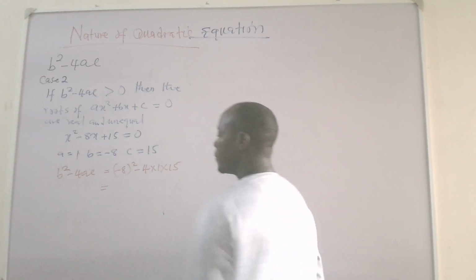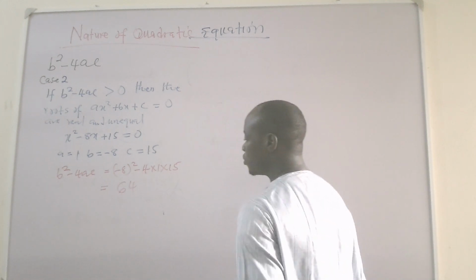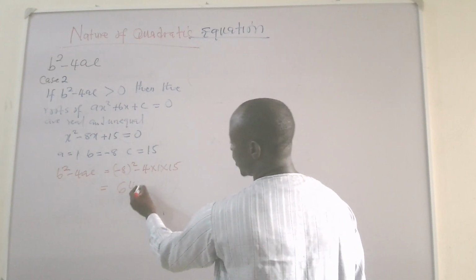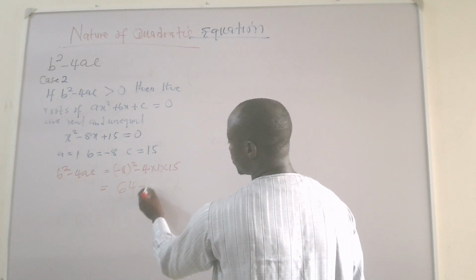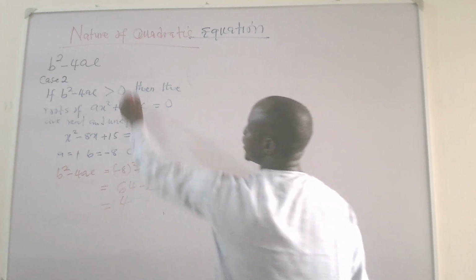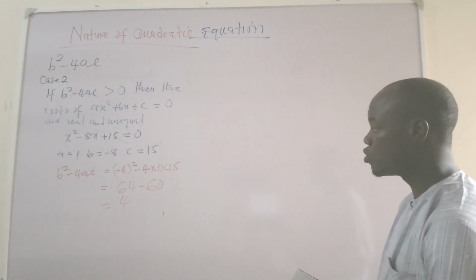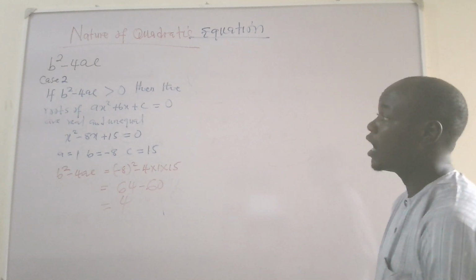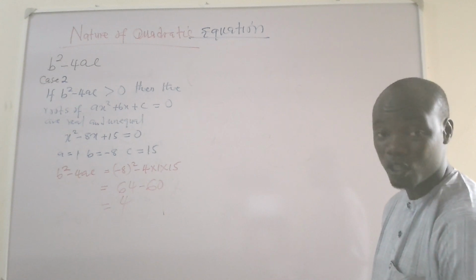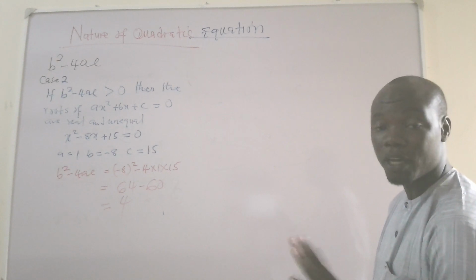Minus 8 squared is 64, and 4 times 1 times 15 is 60. So 64 minus 60 is 4. So 4 is greater than 0. So since 4 is greater than 0, our roots of the equation are real but unequal.